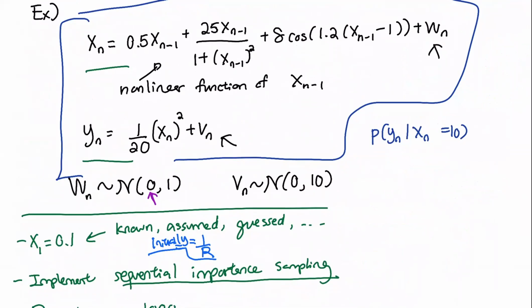So again, suppose that the probability of yn given xn equals 10. So how do I look at this and determine what is this probability distribution? Just the same as before, you put in xn equals 10 to find the mean, and then the variance from the given noise.